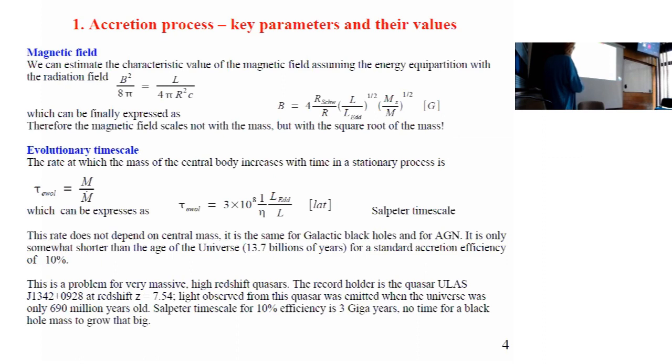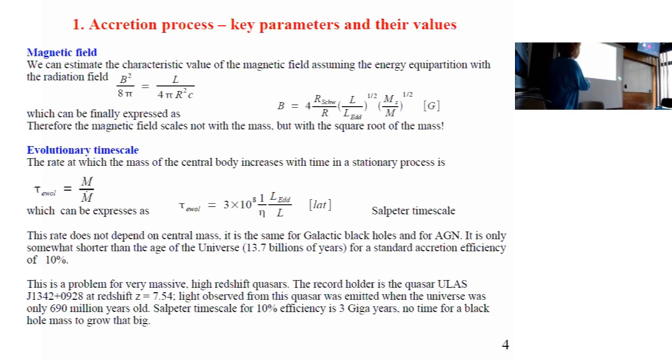And then another thing which is very important is the evolutionary timescale. Evolutionary in the sense of how long the accretion has to proceed before the mass of the central source is going to change. And you can express it easily by dividing the mass by the accretion rate, right? It has the right units. And then if you use the expression which we had before, so Eddington luminosity and efficiency will have to appear here.